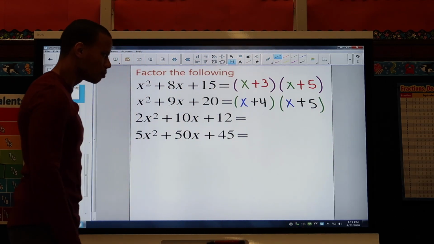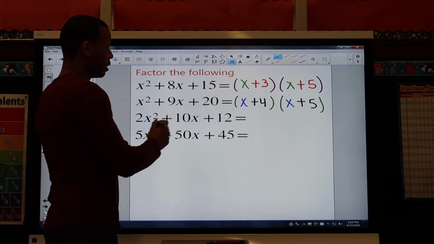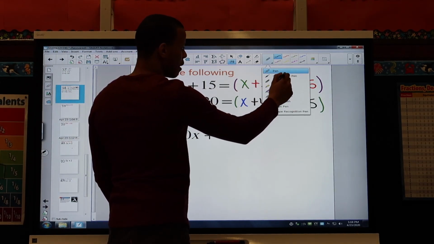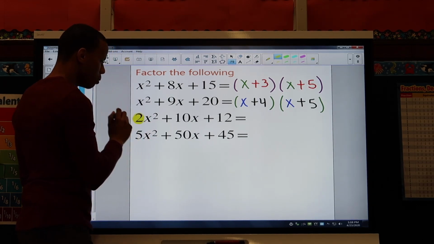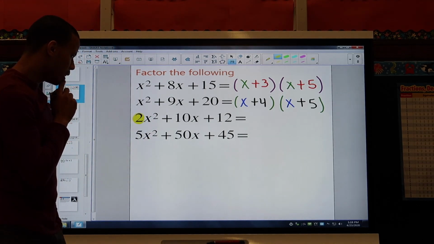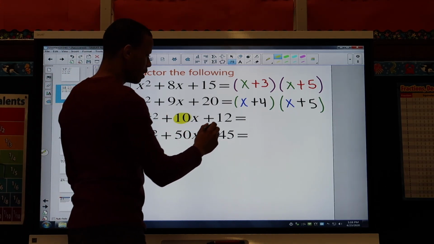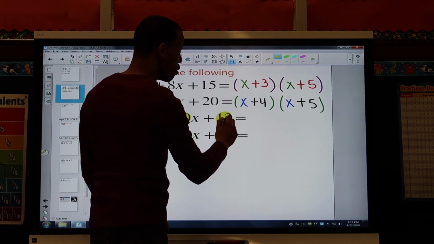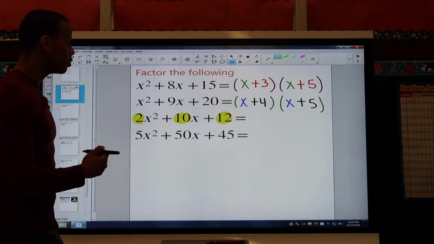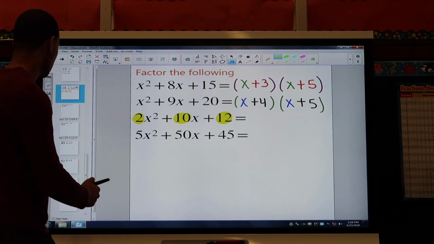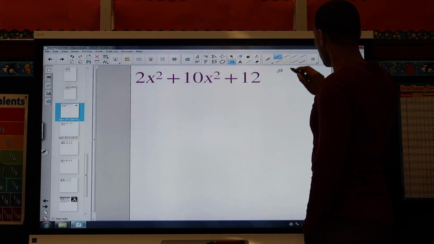There we go. So now, for the next one, look, we have that our leading coefficient is 2, right? But then, look, this is 2, this is 10, and this is 12. So now, I can factor out a 2 out of this trinomial, right?